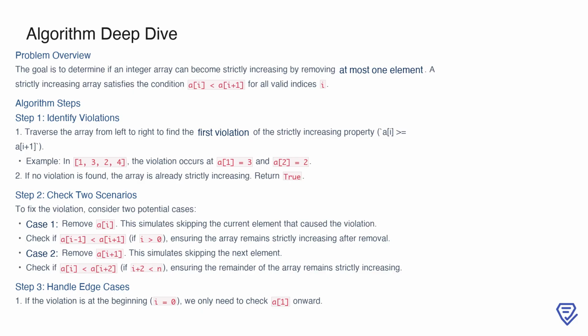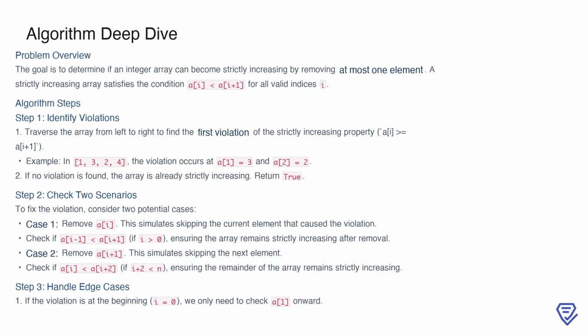For example, in the array 1, 3, 2, 4, we find a violation at index 1 because 3 is not less than 2. If no violations are found during the traversal, the array is already strictly increasing, and we can immediately return true. Otherwise, we move on to evaluating two possible cases to fix the violation.